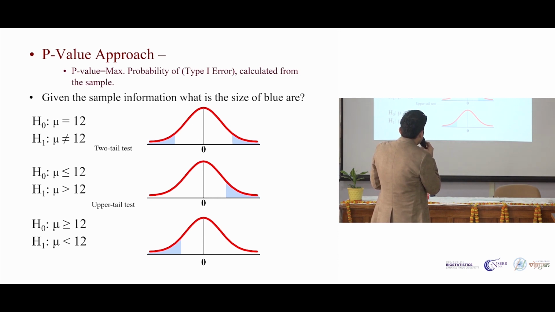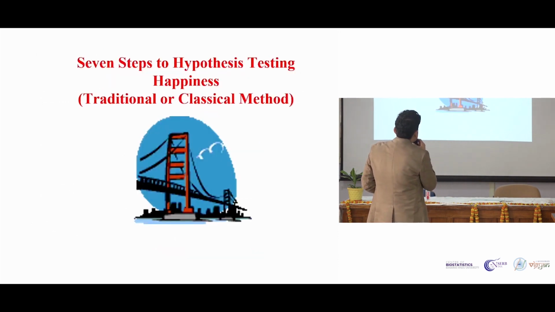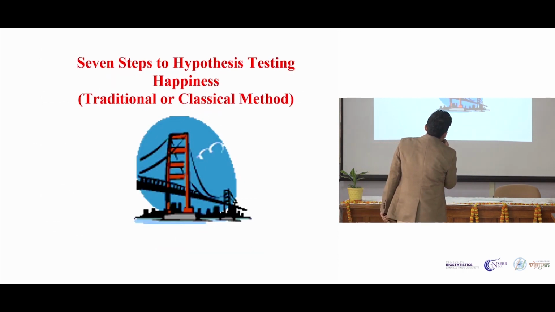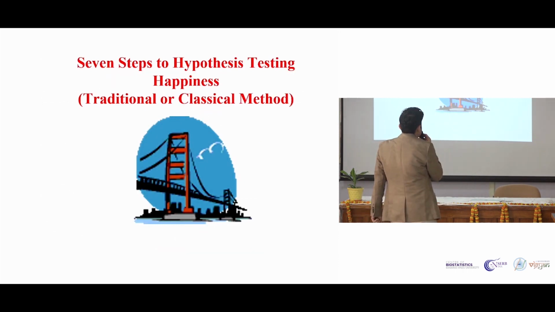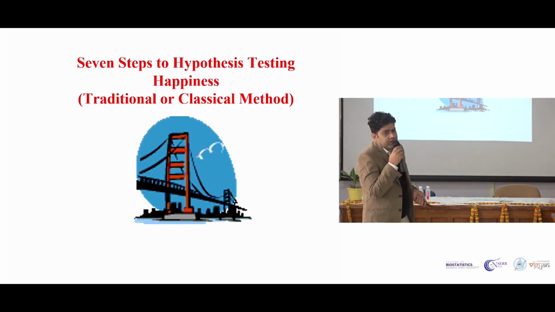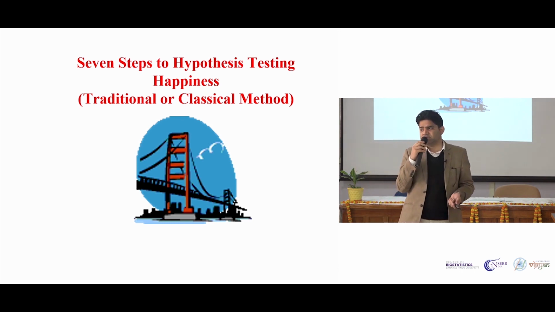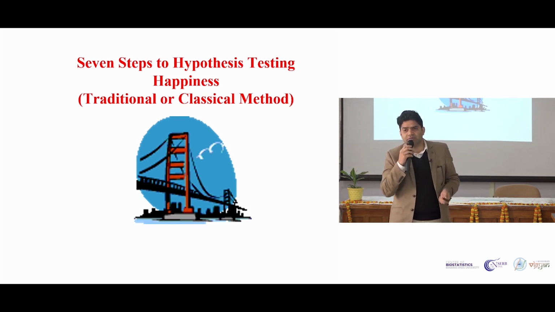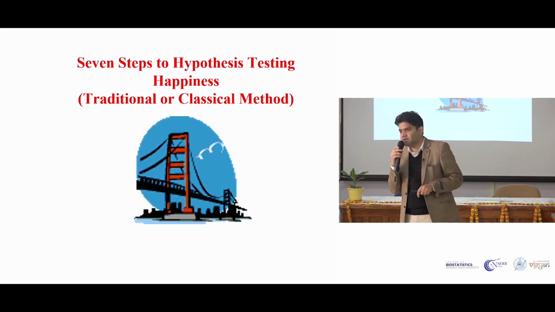Okay, so we are having some standard 7 steps of hypothesis testing, traditional or classical method. Using these 7 steps, you can do any type of hypothesis testing. So, anyone is having any confusion till now? Is it all clear? Okay.